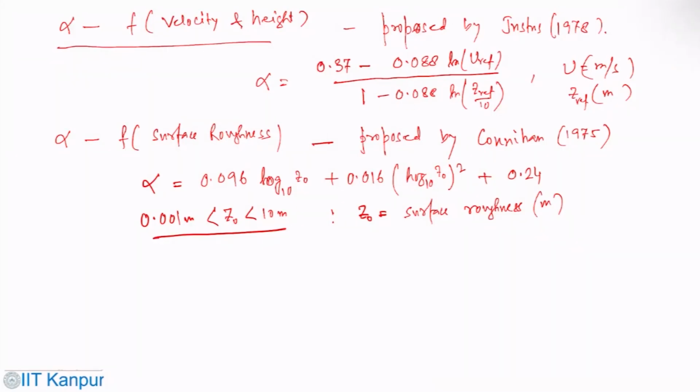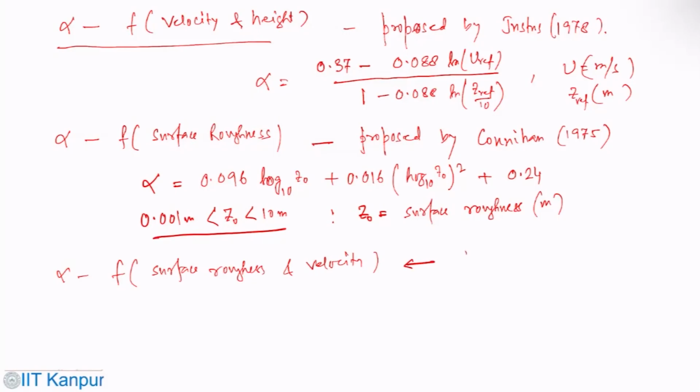There is another option where alpha is a function of both surface roughness and velocity.